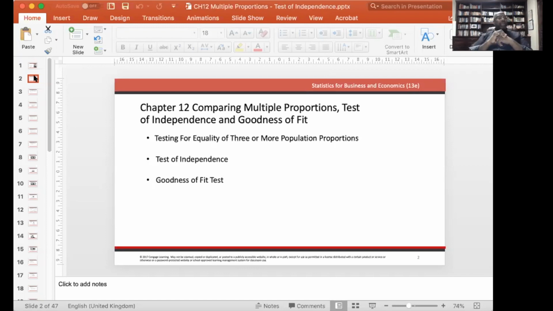So if, for example, in Truro, 30 out of 100 people bought the product, and then in Sydney, 40 out of 100 bought it, and then in Halifax, 60 out of 100 bought it. If you test an equality of proportions, that is equal market share, then 30% is your sample for Truro, 40% is your sample for Sydney, and 60% is your sample for Halifax. That doesn't look like equal proportions to me.